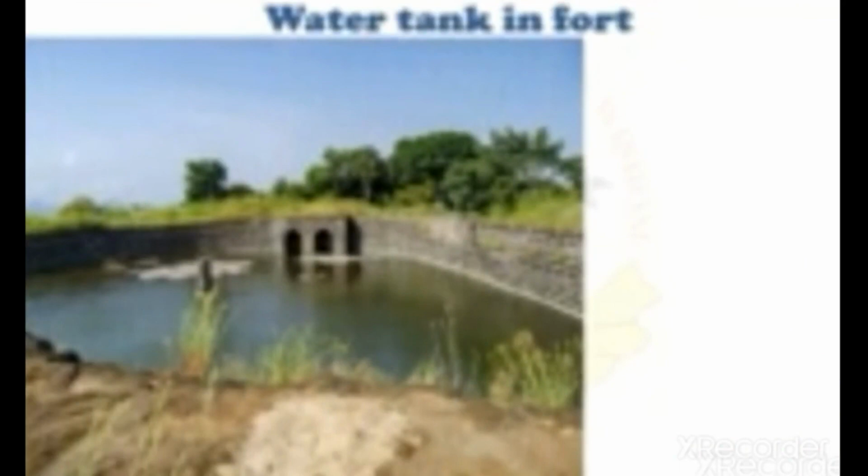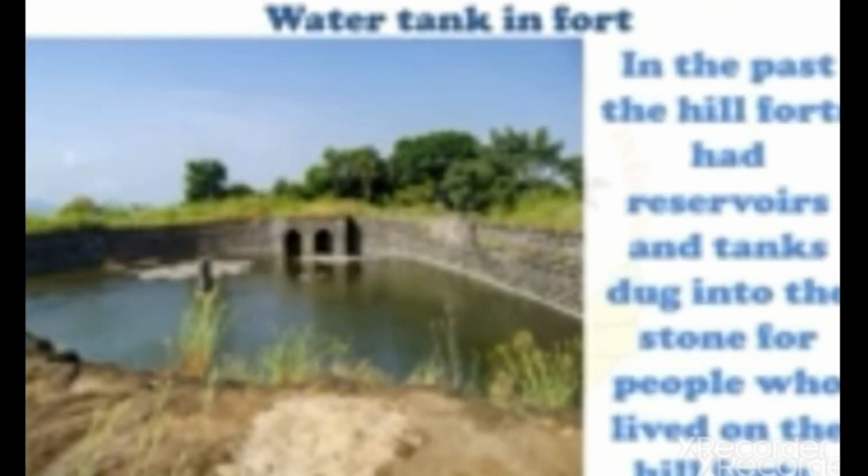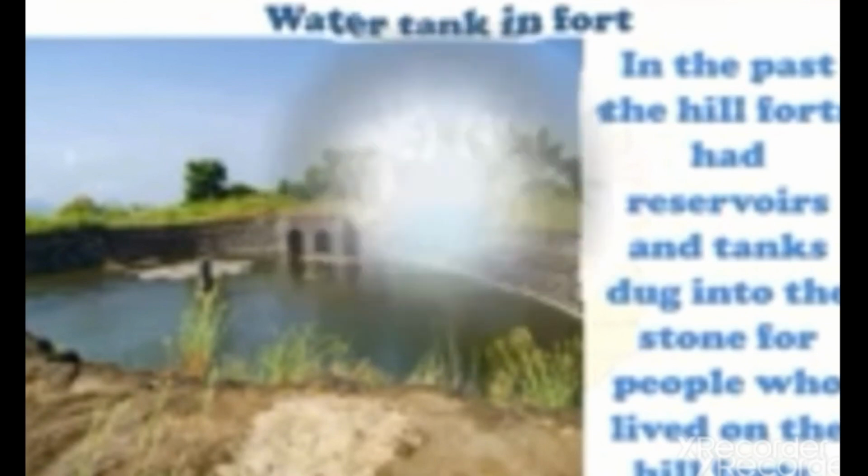Now, water tank in fort. Do you know the fort? Shivaji Maharaj lived on a fort. That was a safe place it was considered, and on these places these water tanks were built. In the past, the hill forts had reservoirs and tanks dug into the stone for people who lived on the hill forts. Means the need of water was fulfilled on the fort only through this method.